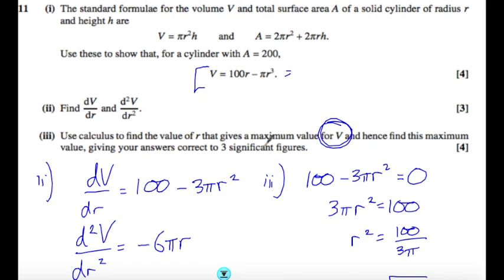So I'm going to put my calculator 100 answer minus pi times answer cubed. So I get 217, let's just say 0.16. And they've given us no units, so we can just leave it without units.